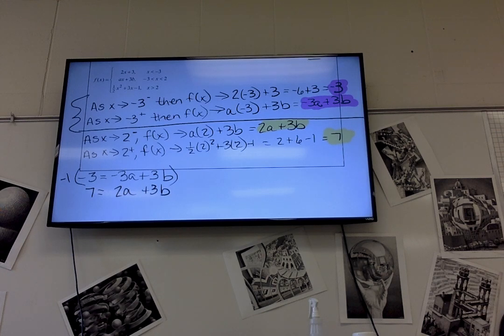So it's positive 3 equals positive 3a minus 3b. And the one below it, I'm just going to rewrite. So what happens now when I add these? Yeah, the 3b's cancel out.